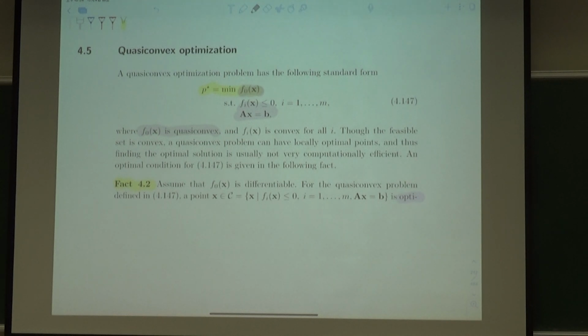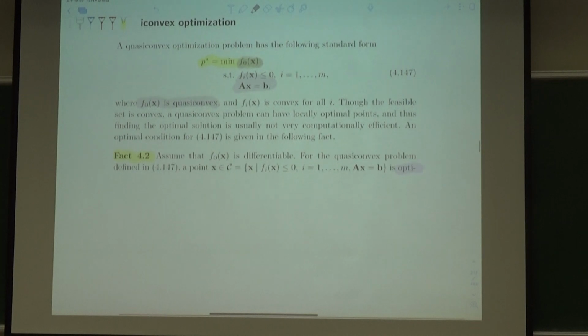Are there any optimality criteria for you to find the optimal solution? Like for convex, the gradient of f at x star transpose times x minus x star is greater than or equal to 0, the directional derivative is nonnegative. The answer is too bad.